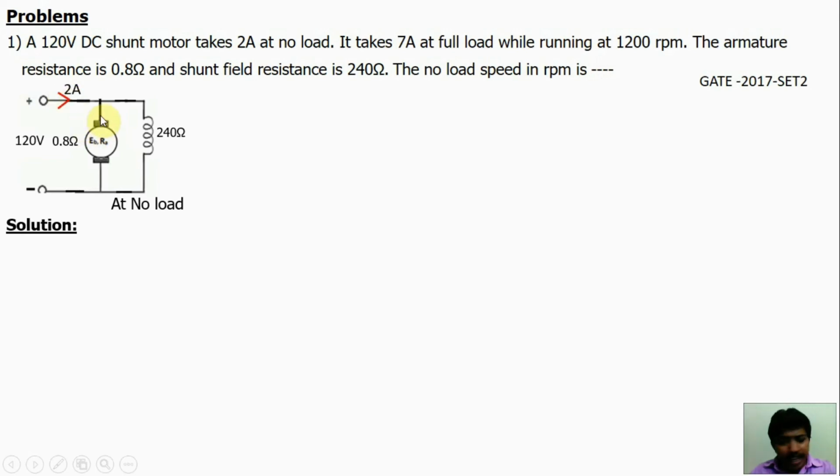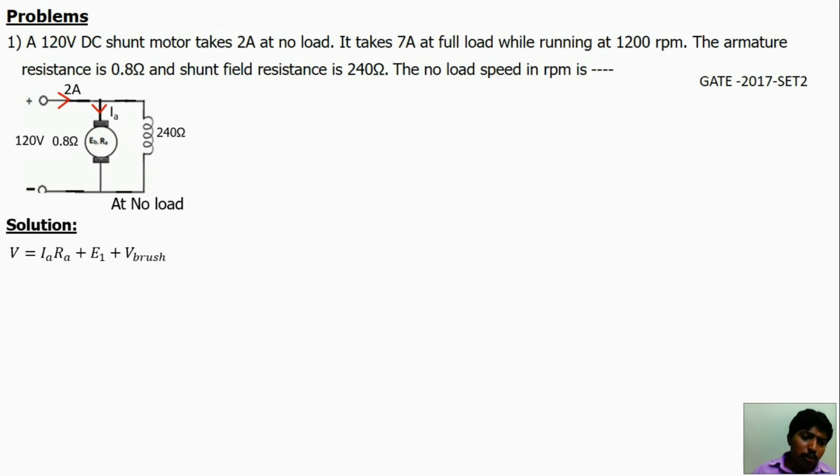Let me take this current as armature current Ia, and this current as shunt current Ish. So we know this KVL equation: V is equal to IaRa plus E1 plus V brush. Here the brush drop is not given, so the V brush value is 0.